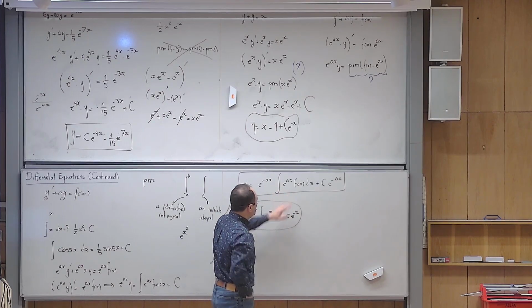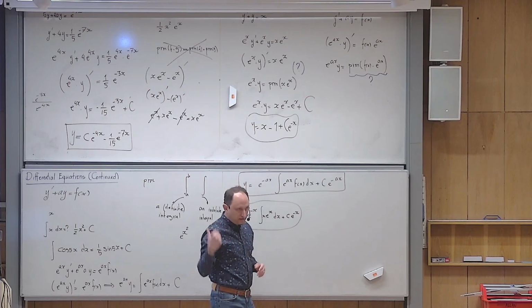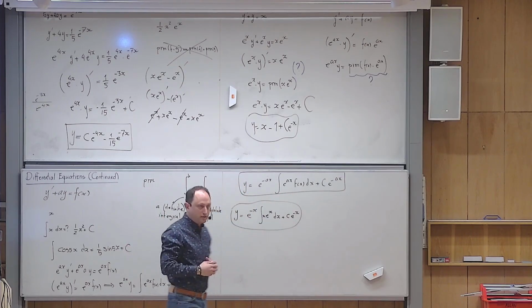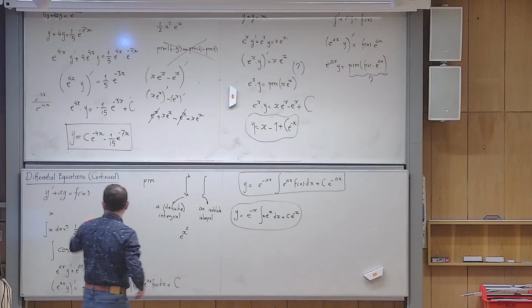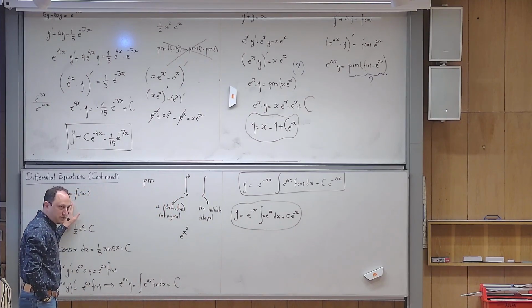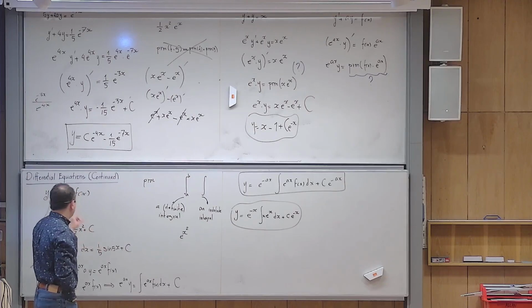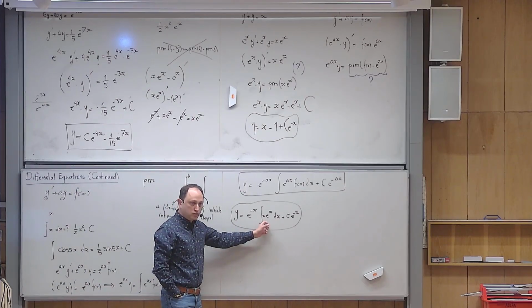So if I have this formula, I put my a, I put my f of x into this formula, and let us say that you are good in calculating this or you have this application available, then you have your answer. Okay, so this means that we really solve this problem in its full generality. Is that understandable?